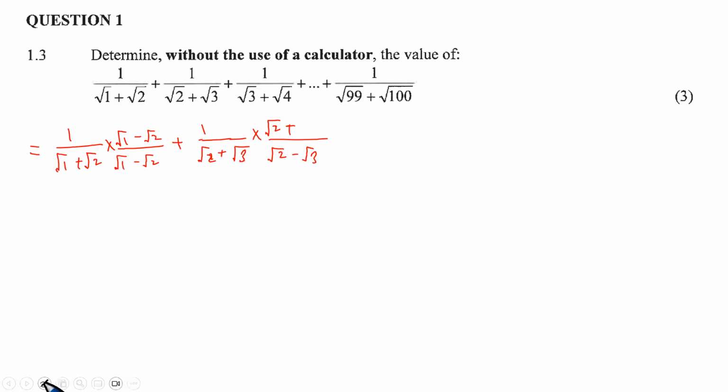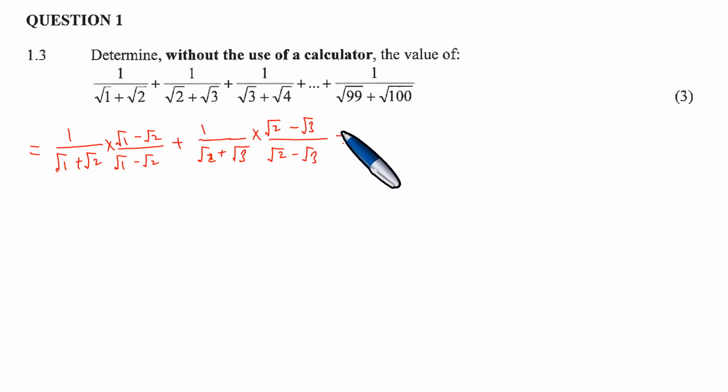So we continue, and we have this one, which is minus the square root of 3.